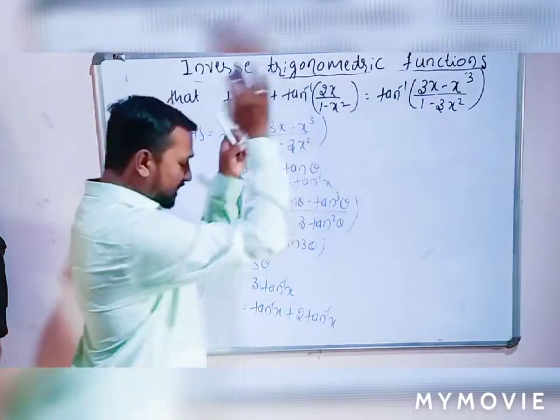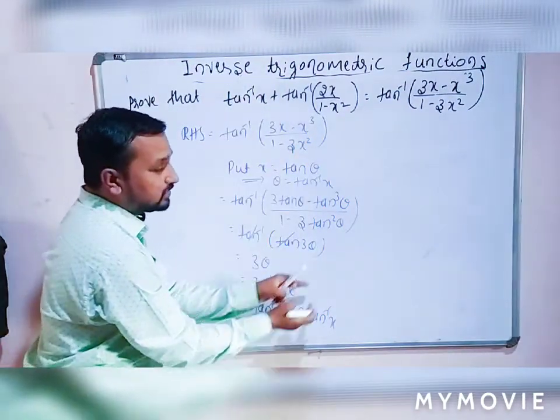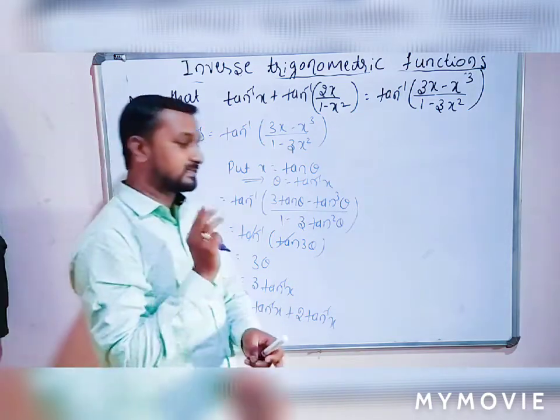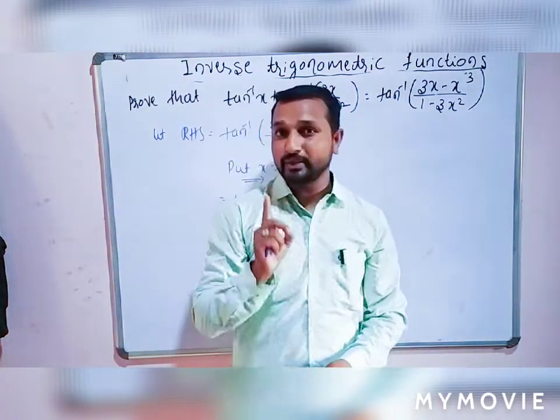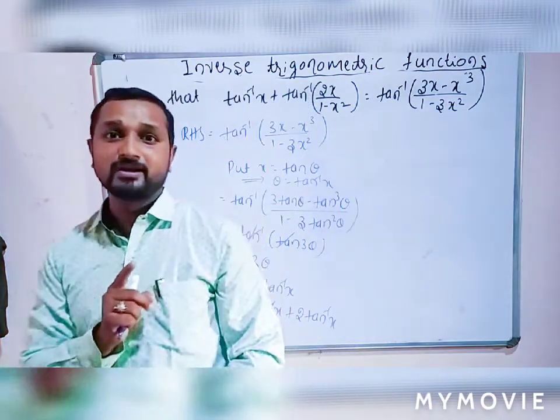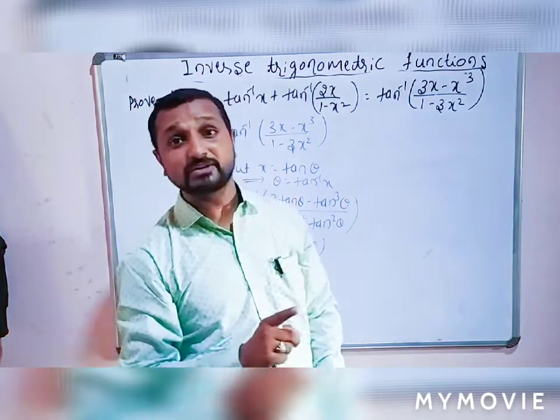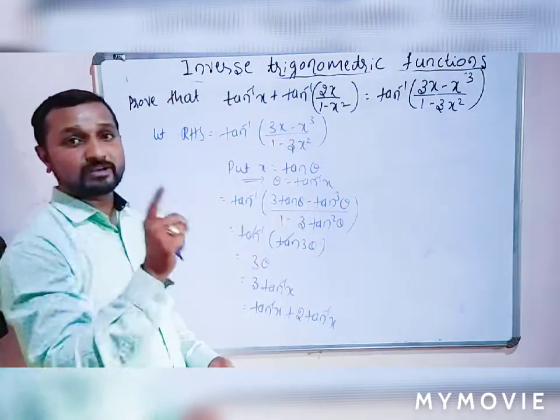Already we know the formula for 2 tan inverse of x; there are 3 forms. One is sin inverse of 2x divided by 1 plus x square, another is cos inverse of 1 minus x square divided by 1 plus x square, and tan inverse of 2x divided by 1 minus x square.